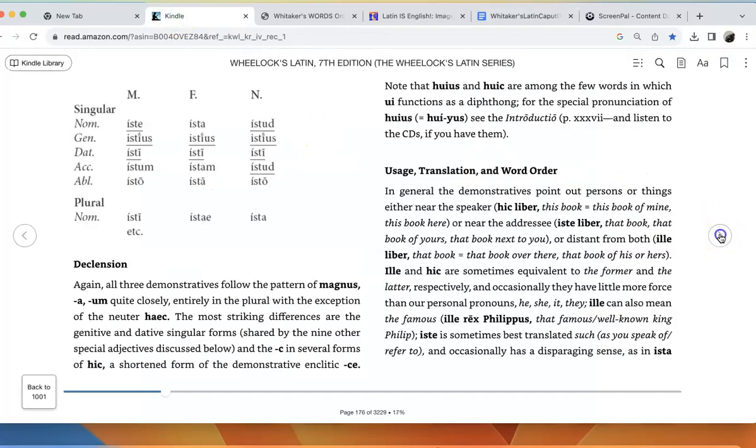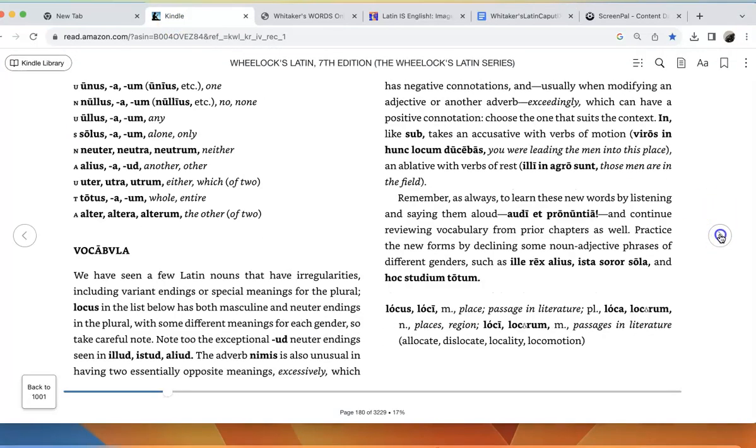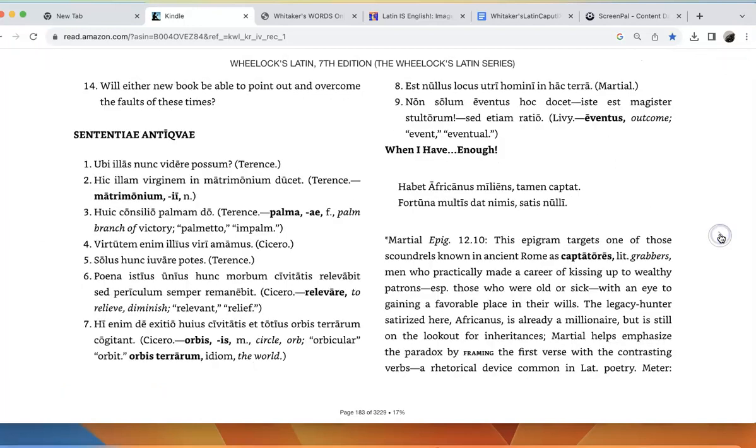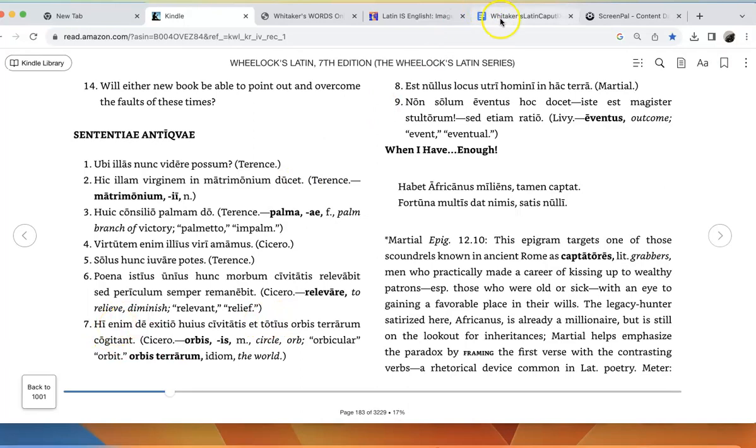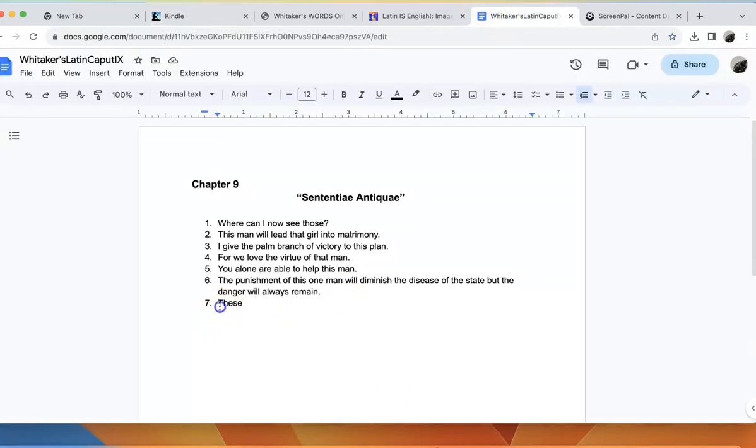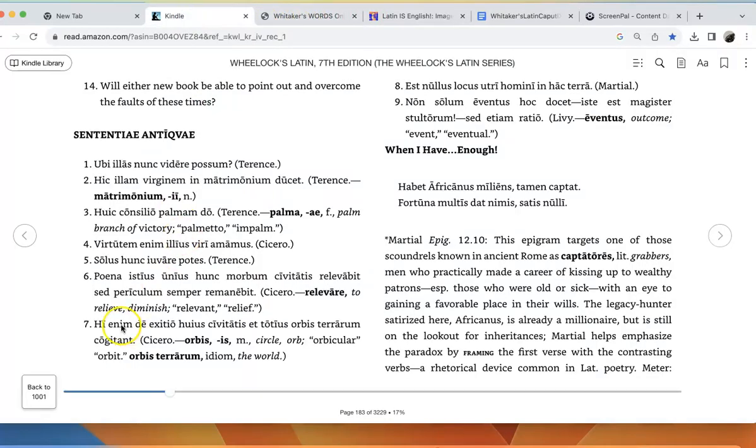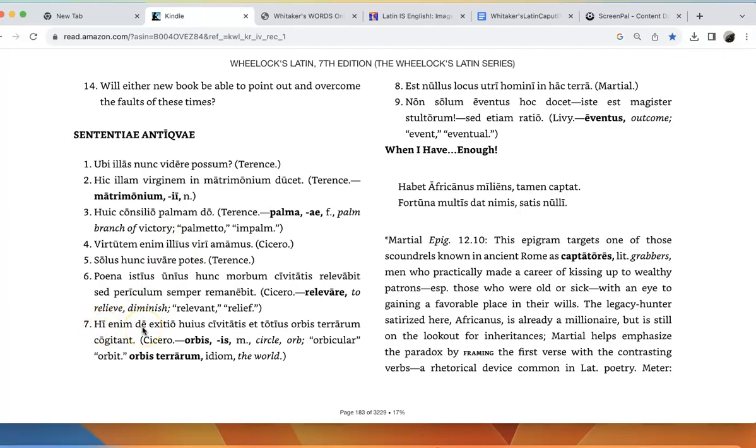But then, going back here to the example, enim we said means for. So we're going to change it to for these. So this might be one way to do it, is just take your time, one word at a time. For these. But then we have de, which means about.